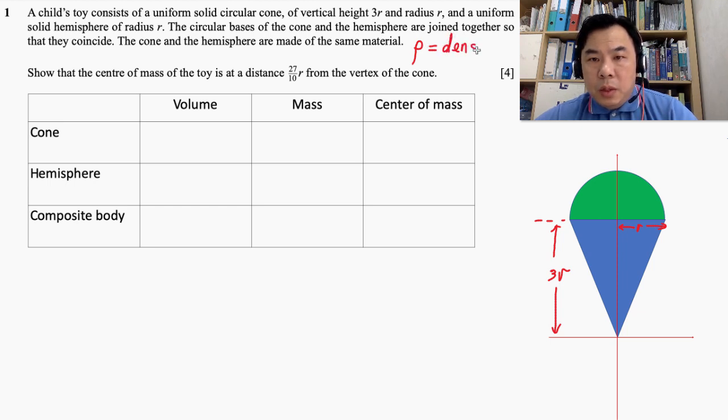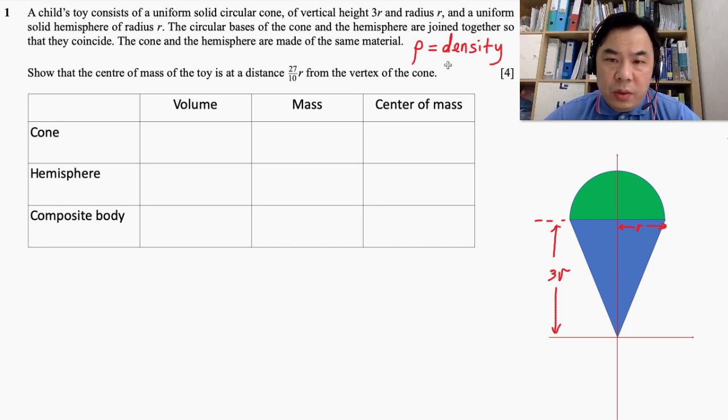Let me get one thing straight: when I refer to density, I'm talking about the mass density, because as you further your study in either mechanics or physics, there are many different measurements for density. One of them is mass density, so we are talking about its mass density in this case.